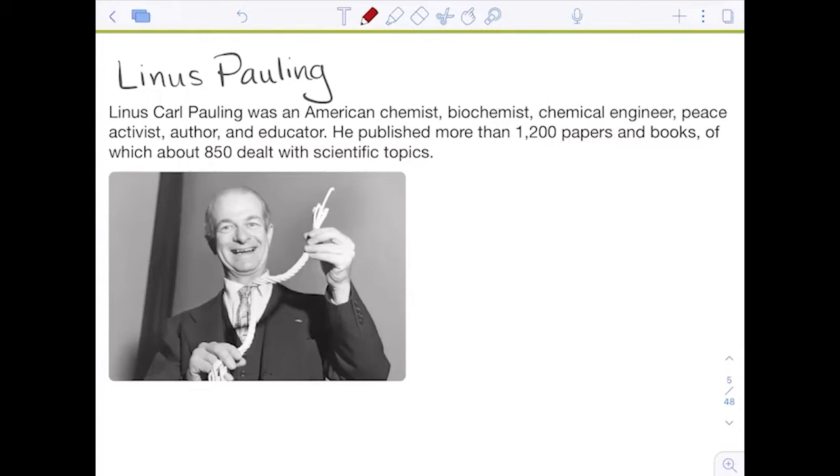Linus Pauling's work in chemistry led the way to a lot of concepts that we're going to be dealing with. Now, he was not the one who developed the idea of the Lewis structure, which we'll deal with, but he was the first person to identify a good definition of a covalent bond.